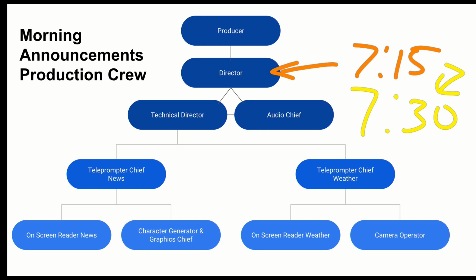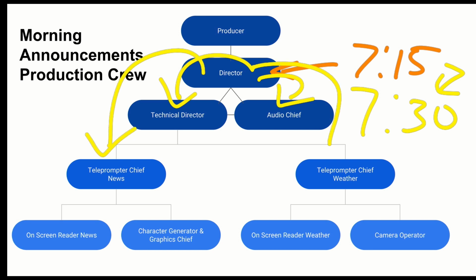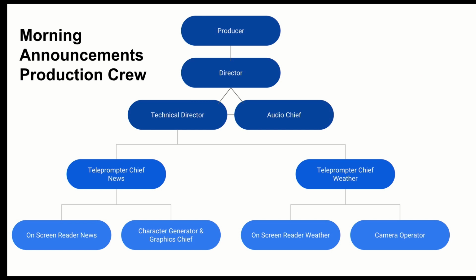So the department heads would be the technical director, who's actually doing the video production and switching, the audio chief, right? And then the different heads of the teleprompters as well, that are doing news. And now this could change. This organizational chart may be different at each club, but usually the director checks in with each other director, whether it's a technical director or an audio chief, and makes sure everything's set up.